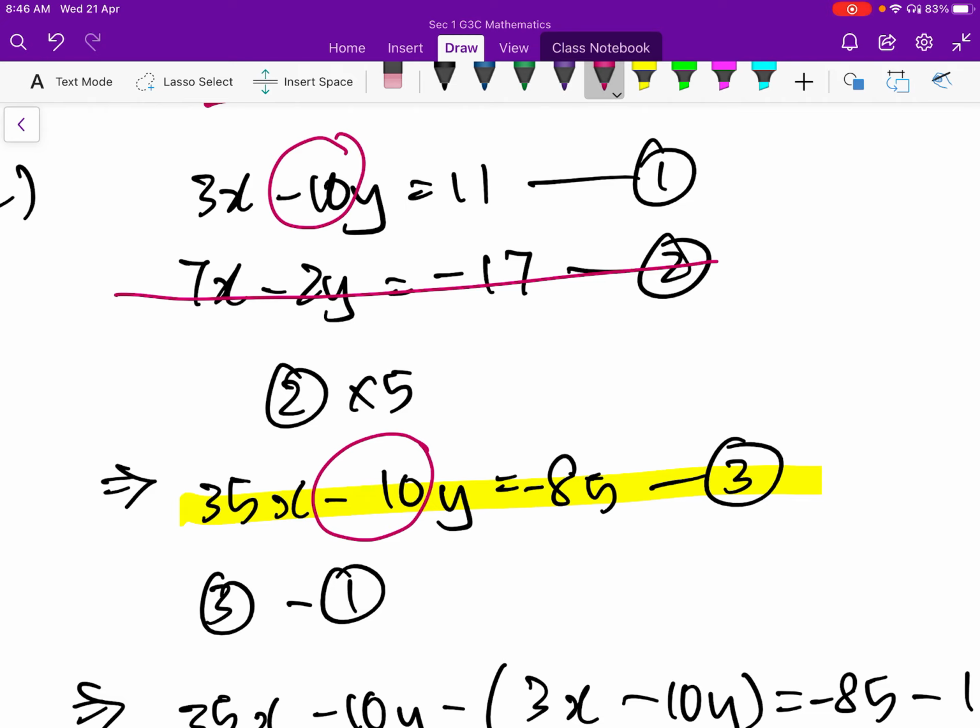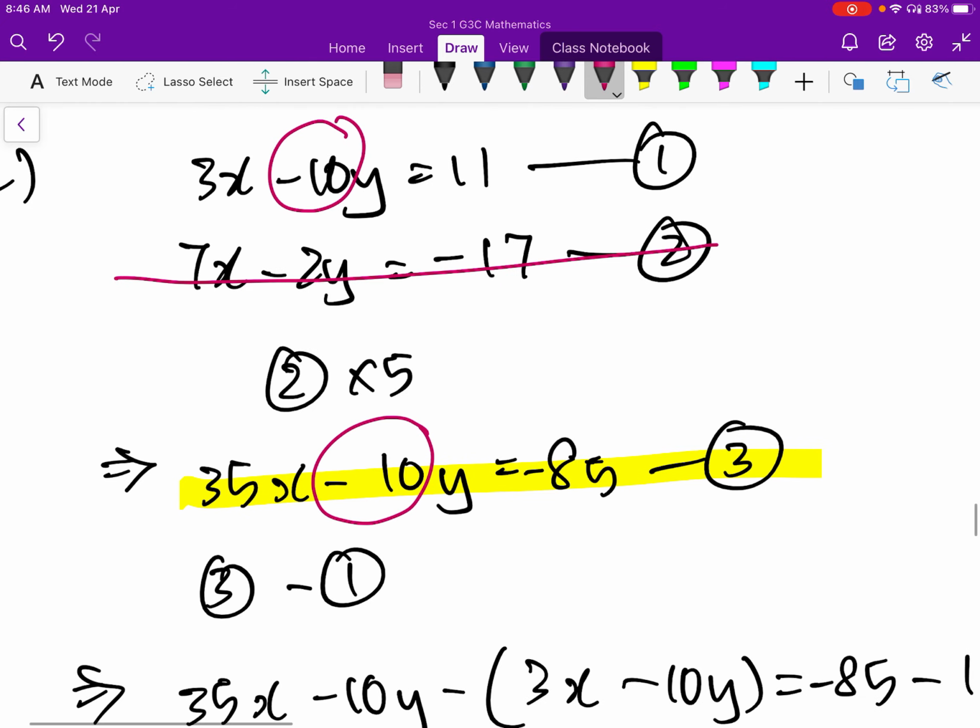Different sign, but same magnitude, you add them together to eliminate. But if it is the same sign, such as negative 10 and negative 10, or positive 10 and positive 10, we will need to subtract them. It is always subtract unless the signs are opposite. Then you add to eliminate.